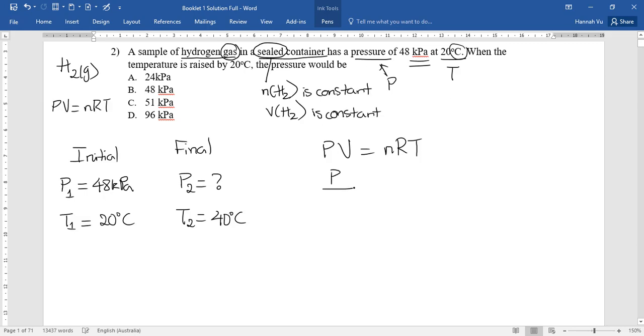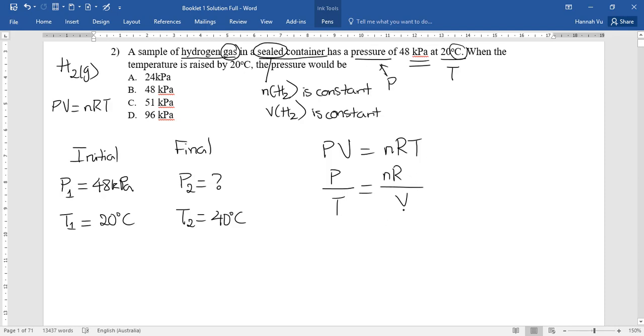So I have P over T, and everything else that is not provided in the question, I'm going to put on the other side. So from the universal gas law, I can change my equation into P over T equals nR over V.